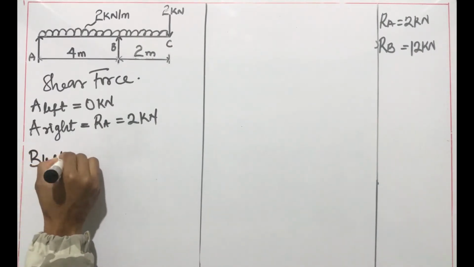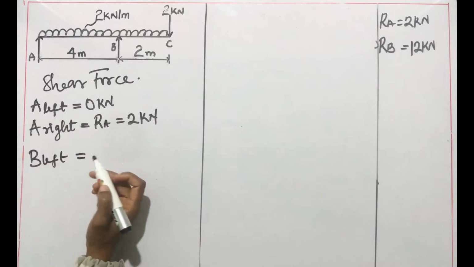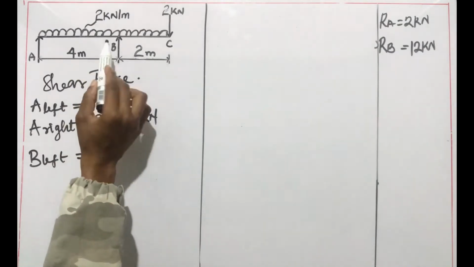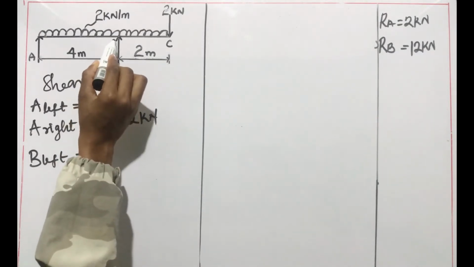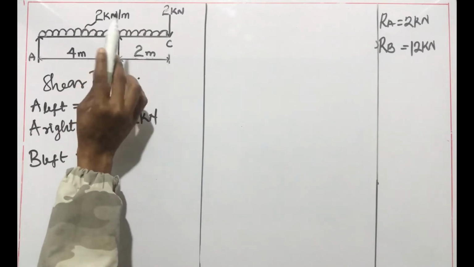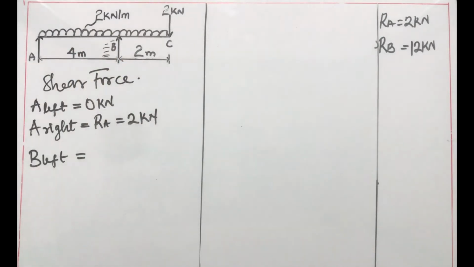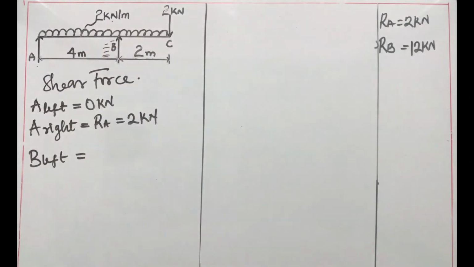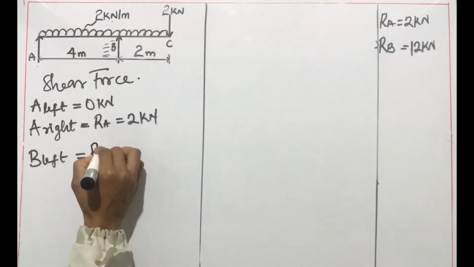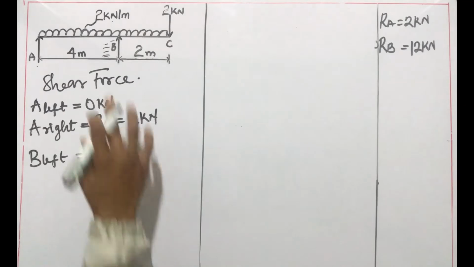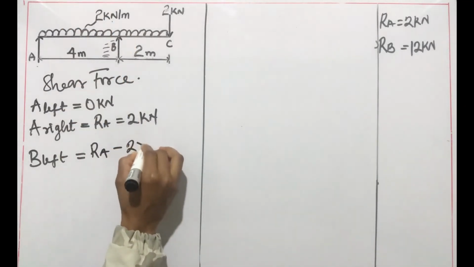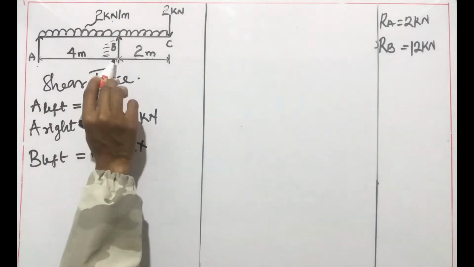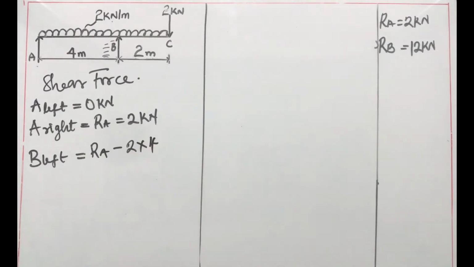Next is B left. Now this involves the shear force from A to the point at B, but it does not involve RB. This shows that it's at the left-hand side of B. Now the distance for the UDL from A to B is 4 meters.